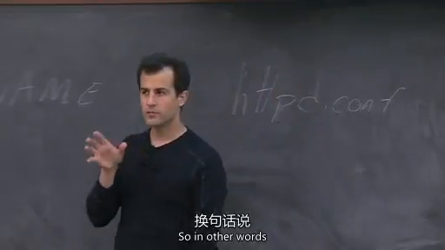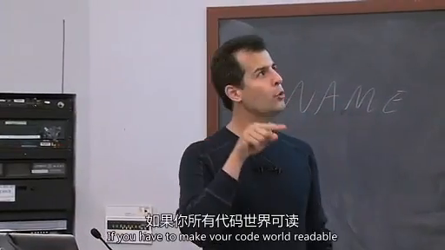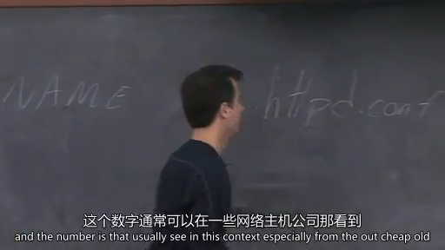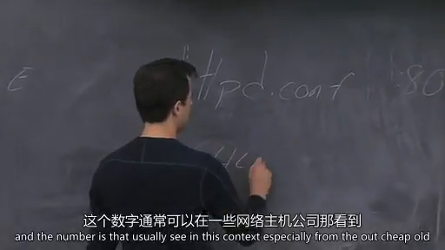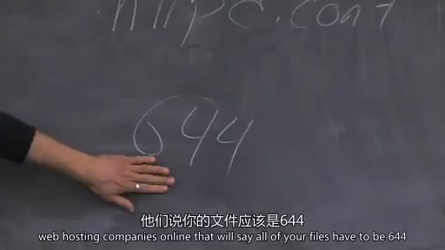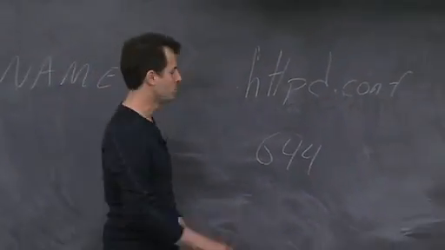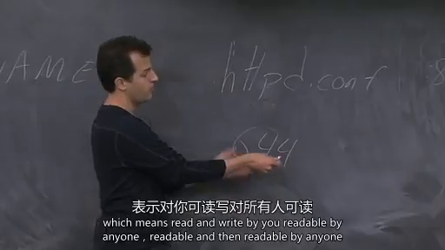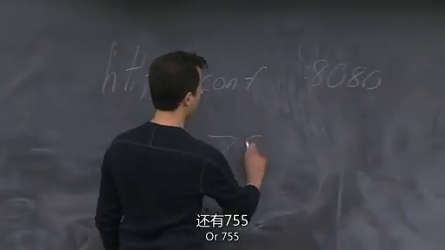So in other words, if this is a little unclear, if you have to make your code world readable, and the numbers that you usually see in this context, especially from the El Cheapo web hosting companies online, they'll say all of your files have to be 644, which means read and write by you, readable by anyone, or 755.